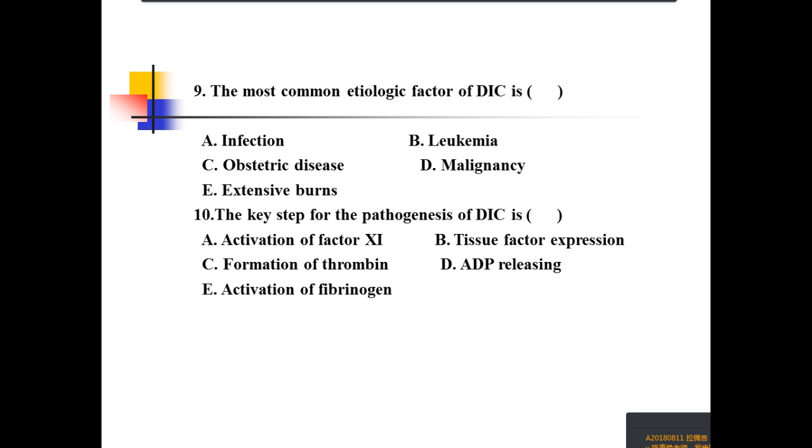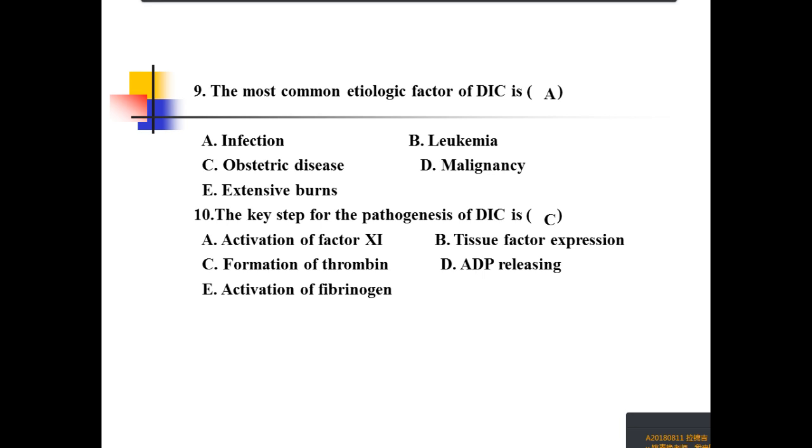The key step for the pathogenesis of DIC: coagulation function increase, from the definition. What increases? Thrombin. Now, through the intrinsic and extrinsic coagulation pathways, the key step is which increases thrombin, from prothrombin to thrombin.